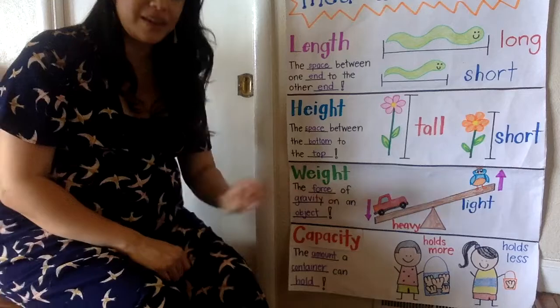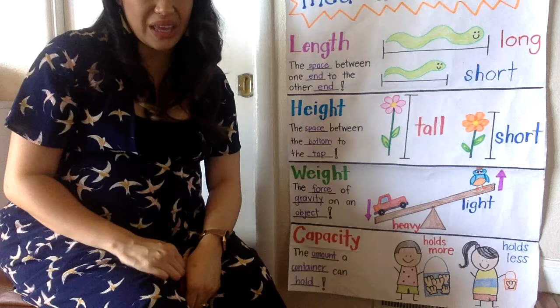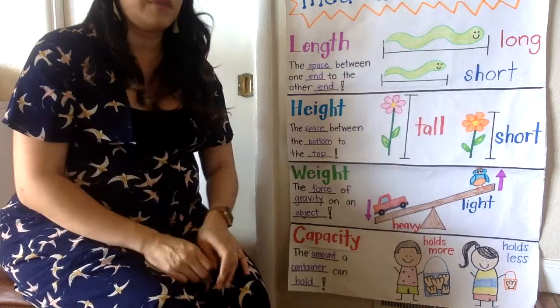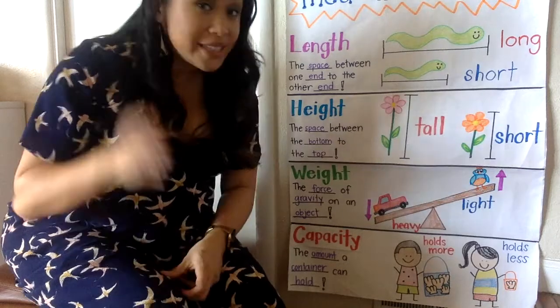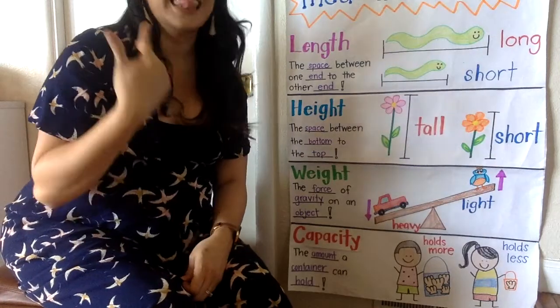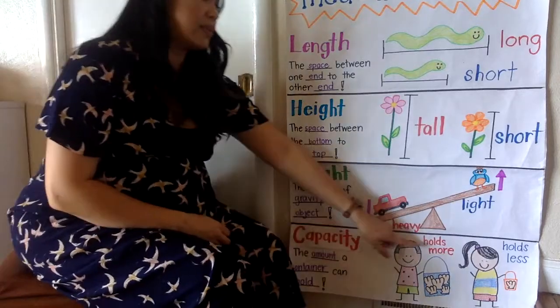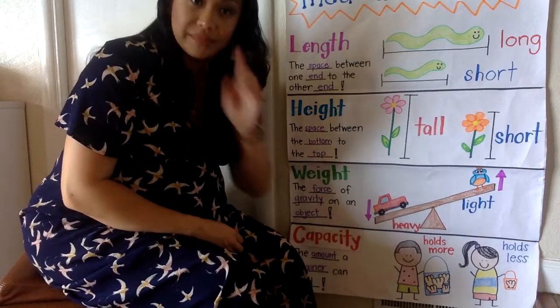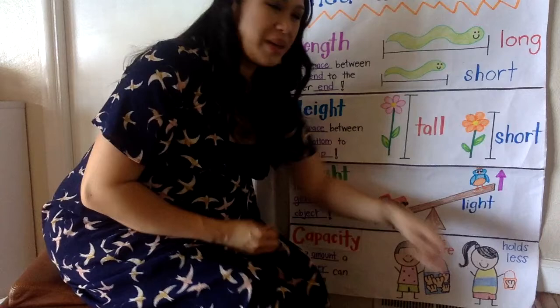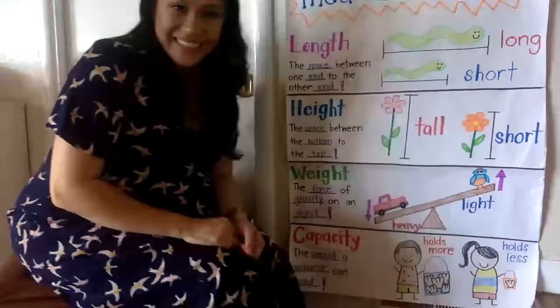Holds more. Good. If it's a small container and it only holds a little bit, we would say it holds what? Yeah, it holds less. So if there's a lot of something in a container, we would say it holds more. If there's a small amount, then it holds less.